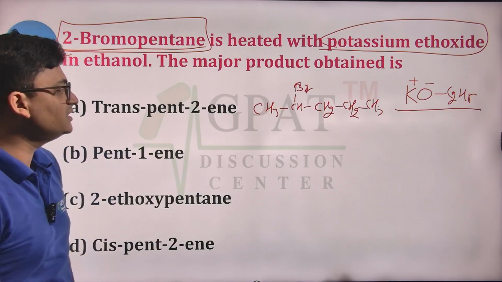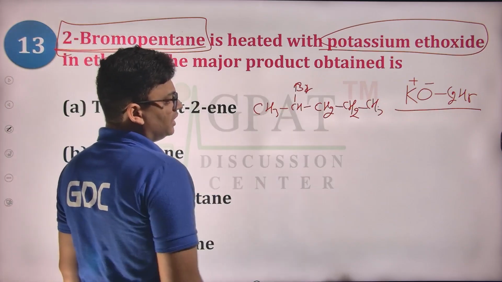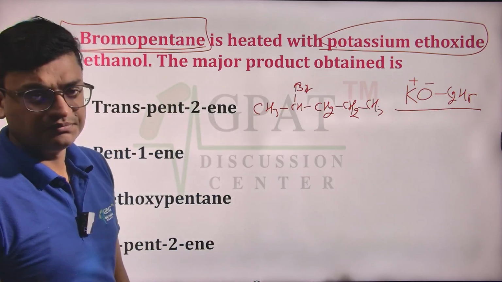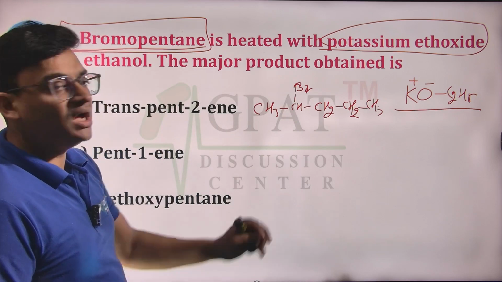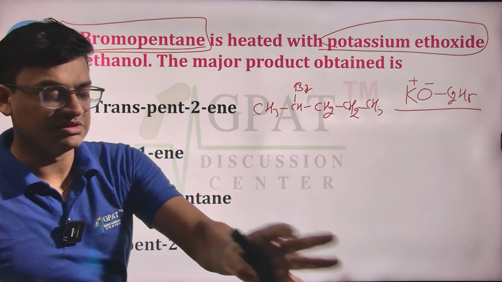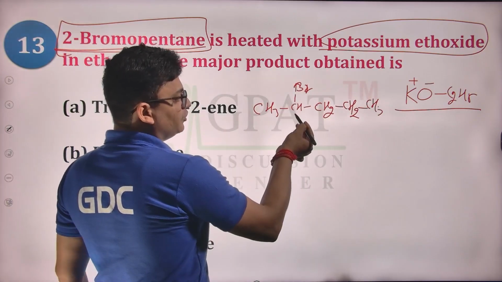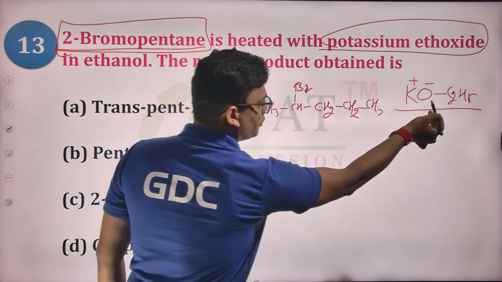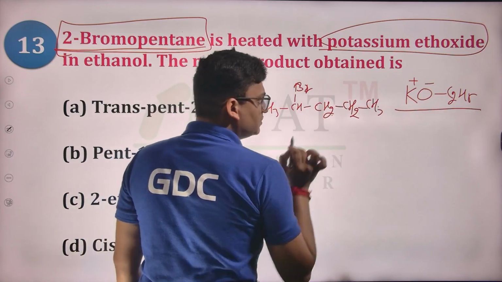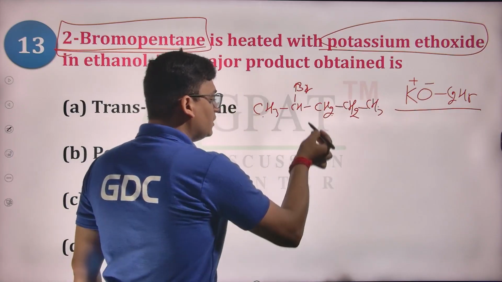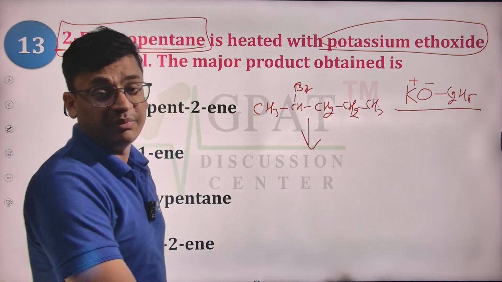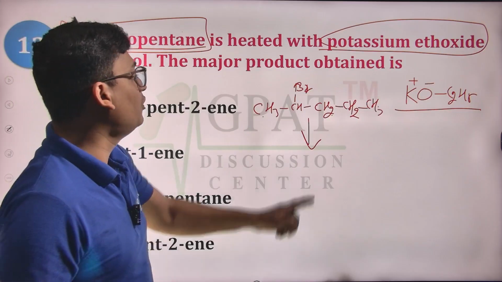Since this carbon is a secondary carbon, there are better chances of E2 taking place here. The removal of bromine will be giving you a double bond, and the proton can be removed from either side. Now we have better chances for the removal of the proton from this carbon.